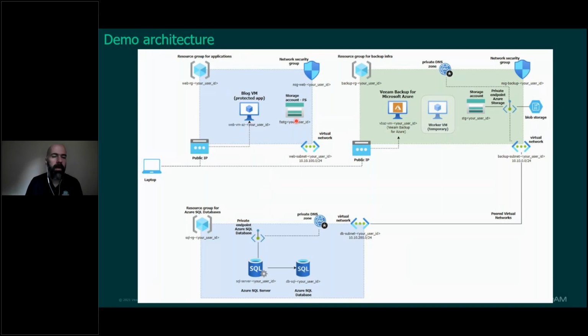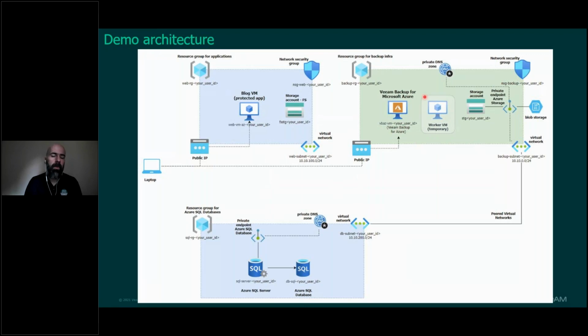We also have a file share, and we can connect to the WordPress VM over the internet. Then we have a backup resource group to which we'll also connect over the internet to connect to the VBA appliance from here. Maybe not the best practices, but I did this for simplicity.